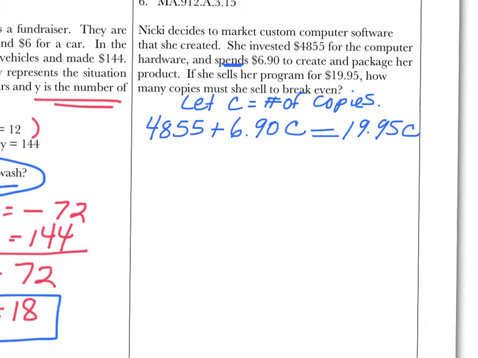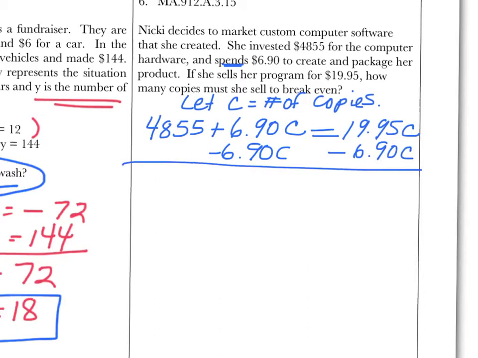So now I can subtract 6.90C. I get 4855 on the left. The 6.90Cs cancel. And 19.95 minus 6.90 is 13.05.